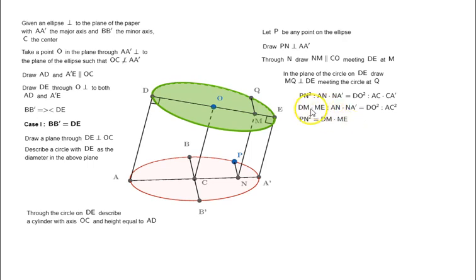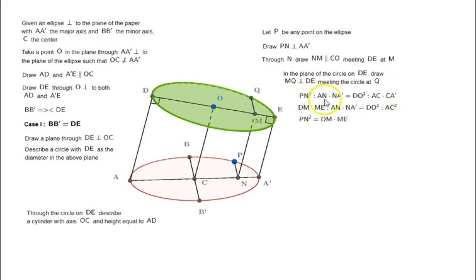How? Because PN square is to AN times NA prime equal to DO square is to AC times CA prime, right? And AC times CA prime are both equal, so we can write that as AC square. So DO square is to AC square, the right-hand sides are equal in these two.